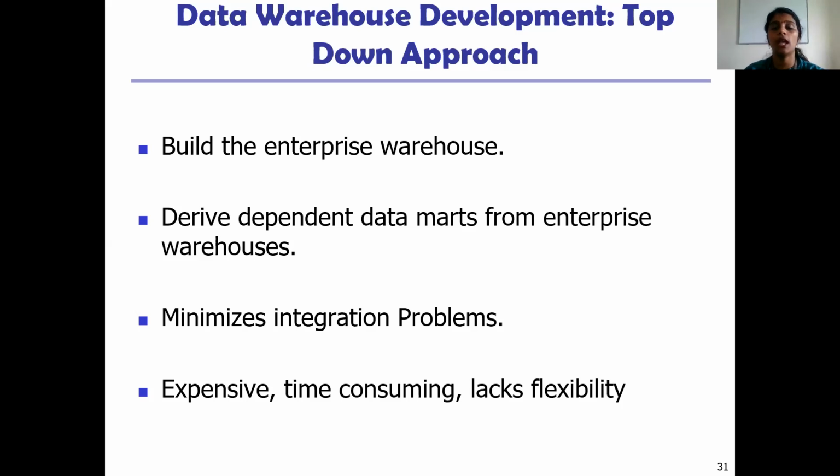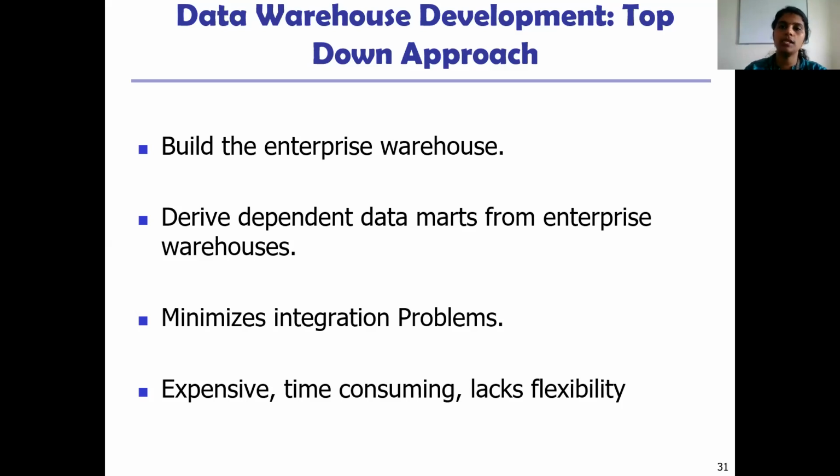You have to take care of attribute conversions, right? So many things have to be done. So many steps of refinement have to be done on the data belonging to the operational databases. So it takes a lot of time to build the enterprise warehouse, right? So this is an expensive and time consuming approach, and it also lacks flexibility.